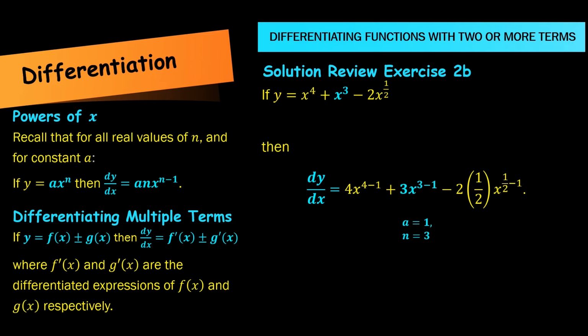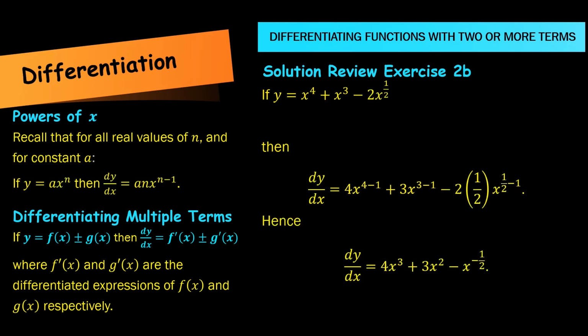Here a equals 1 and n equals 3, minus 2 times a half times x to the power half minus 1. Here a equals minus 2 and n equals a half.